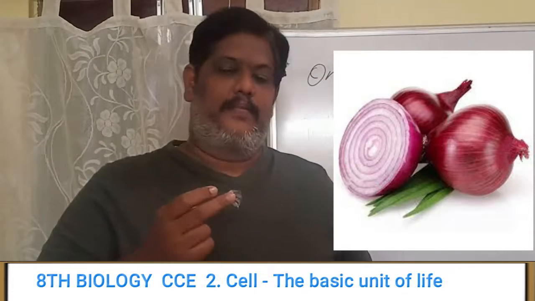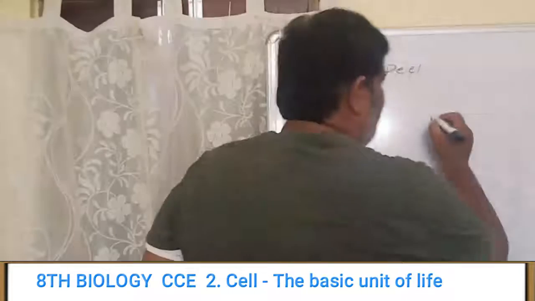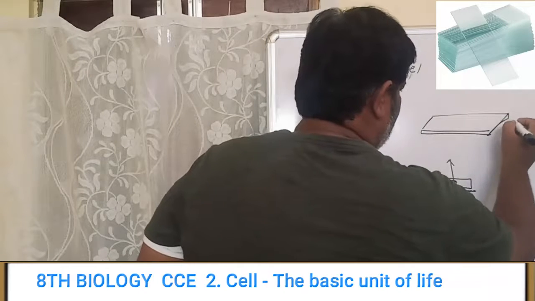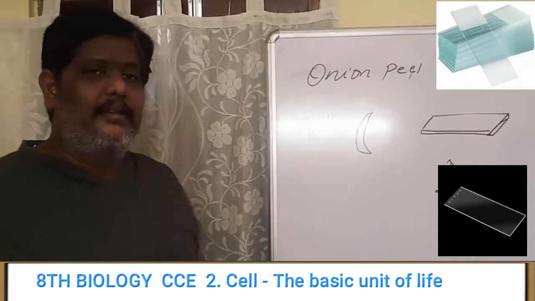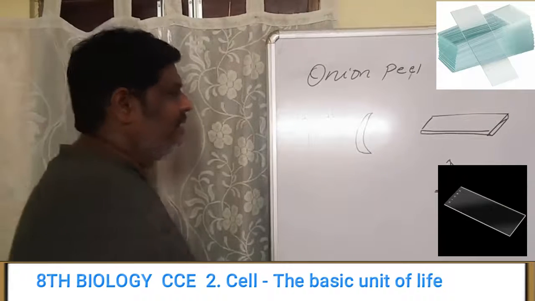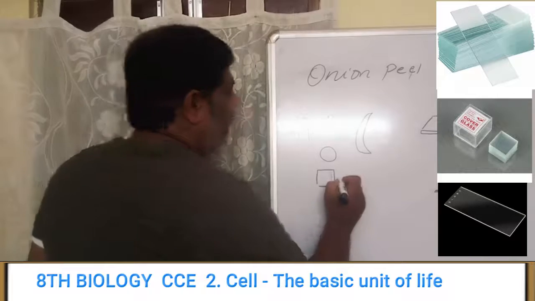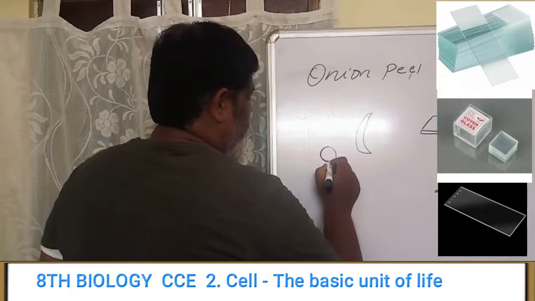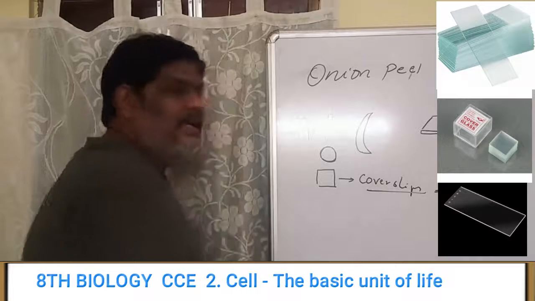But what is the process? How do we have to check the onion peel? First of all, we'll take a slide. If you go to a bookshop, you can find slides like this. These will be glass slides, so that they can let the light through. And then there are some round or square shaped thin glass pieces which are called cover slips.